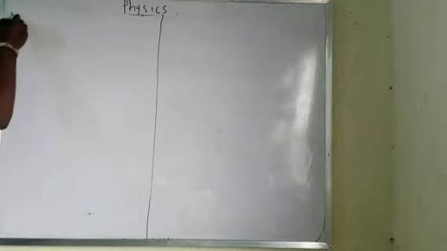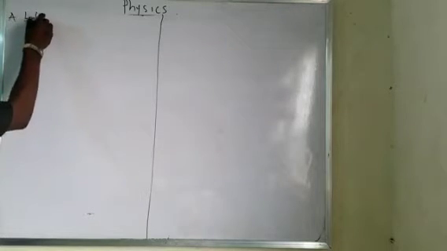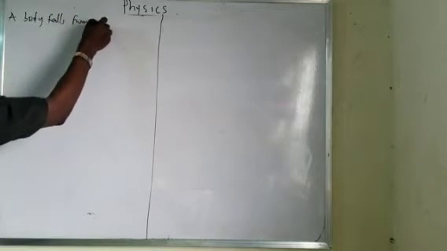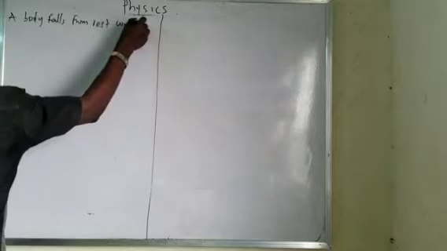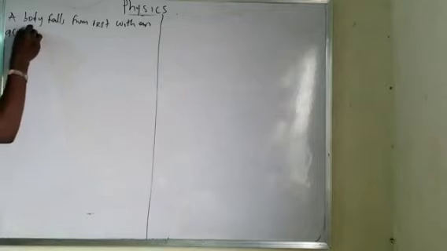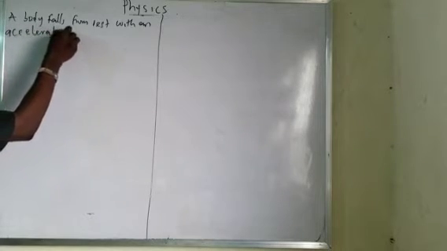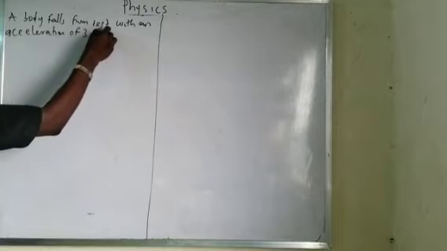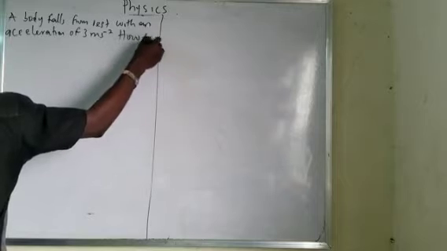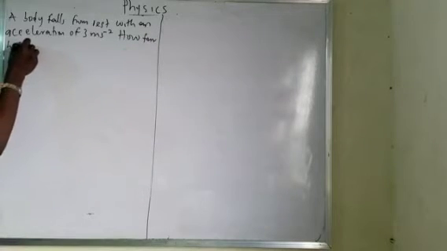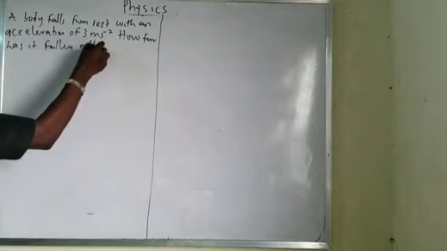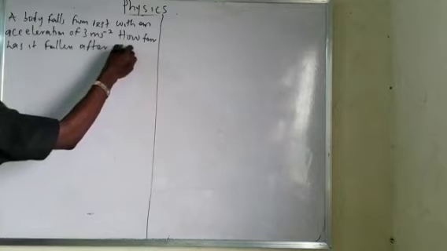A body falls from rest with an acceleration of 3 meters per second squared. How far has it fallen after 5 seconds?